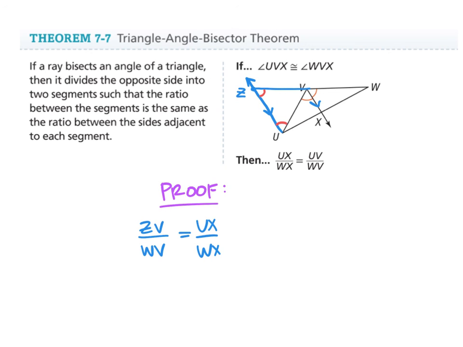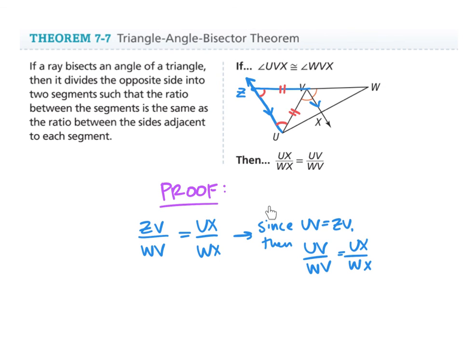And this side, ZV, and this side right here should be congruent to each other because this is an isosceles triangle, which means that in this statement, I can take out the ZV and replace it with UV. Since UV equals ZV, I can say UV over WV equals UX over WX. And that's how I prove that this is true.